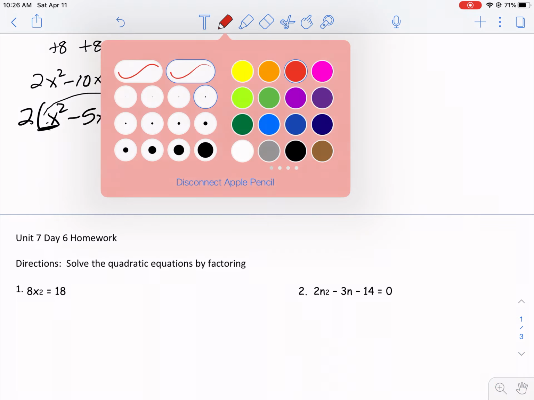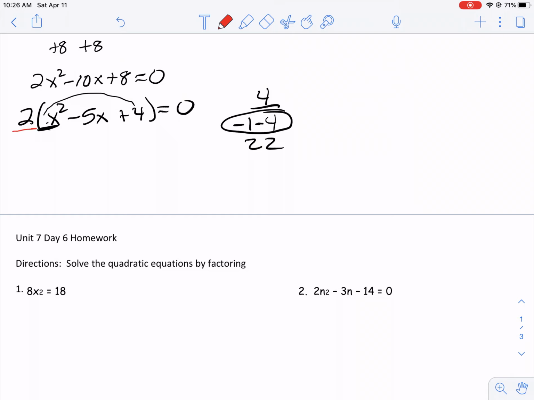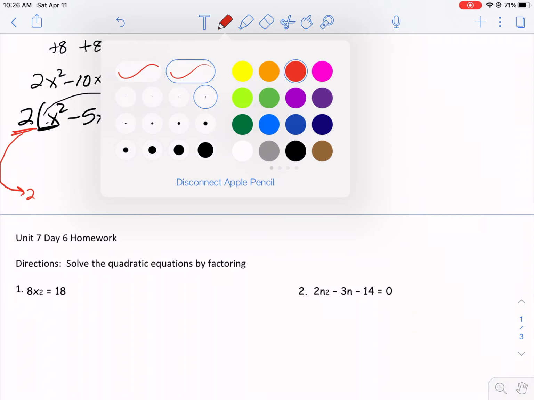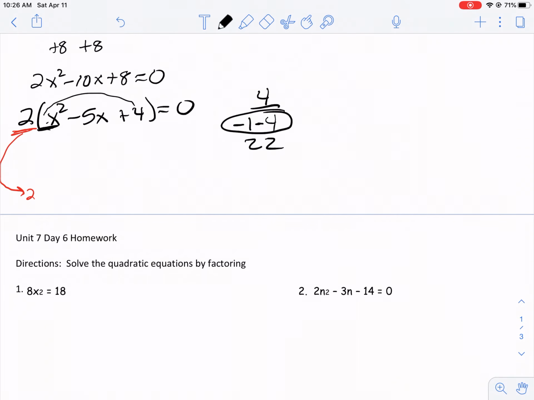All right, so when I have grouping, whatever original GCF I pulled out, I'm going to draw an arrow and stick it down here. Reason is if I keep bringing it along, it's going to get sucked back into the problem somewhere where I don't want it. All right, so when you do grouping, the middle term comes out and those 2 go in. So you get x squared minus 1x minus 4x plus 4 equals 0.